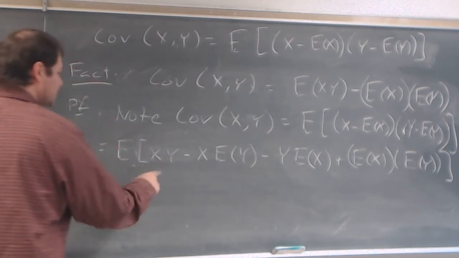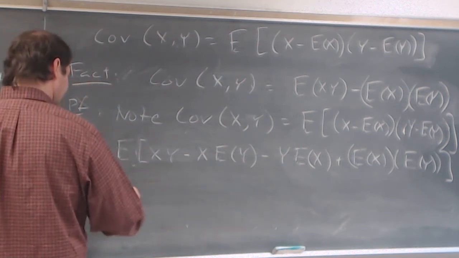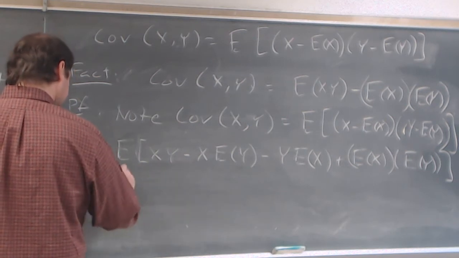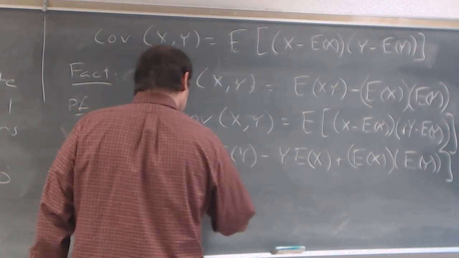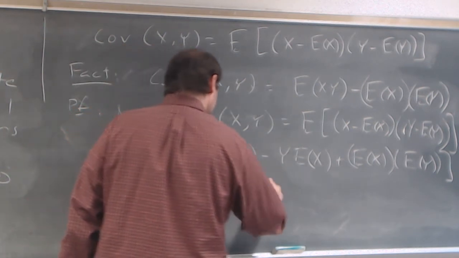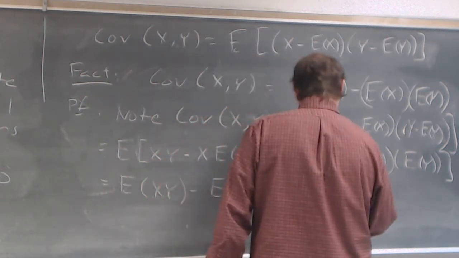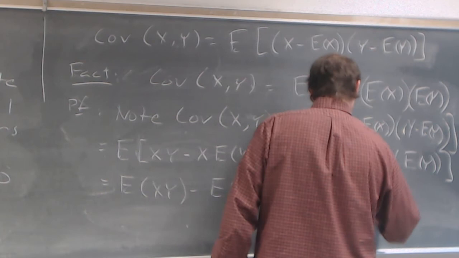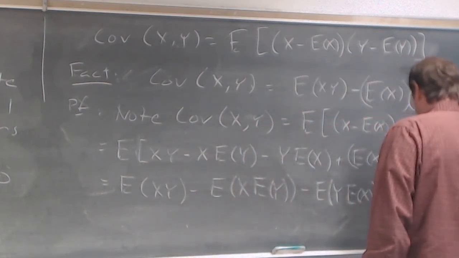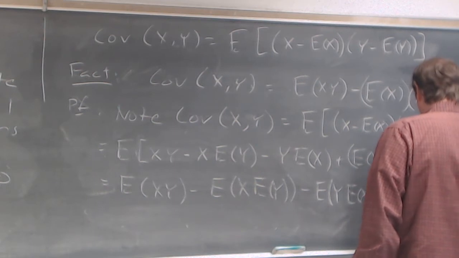Okay, now the expected value of a sum is equal to the sum of the expected values. So this is the same thing as the expected value of x times y minus the expected value of the quantity x times the expected value of y minus the expected value of y times the expected value of x plus the expected value of x times the expected value of y.